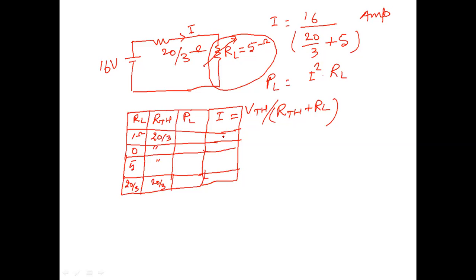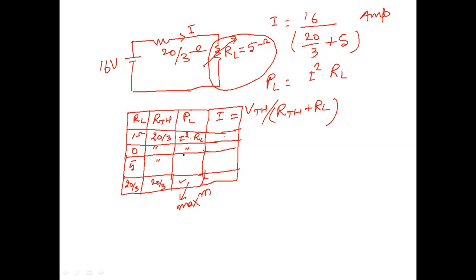Once we find the value of current, we will also find the power, that is equal to I square into RL, load resistance. Here also I square into RL. Here also I square into RL.